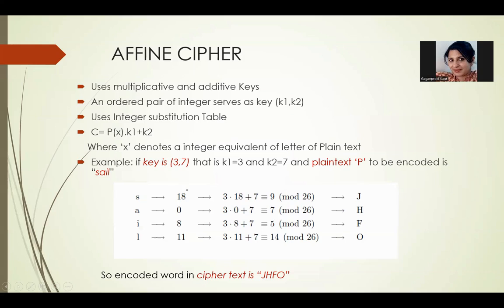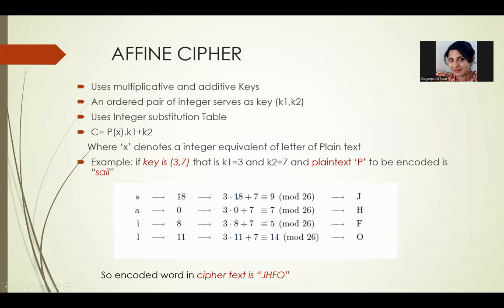So in this case, I first find the integer equivalent of the plain text we want to encrypt, which we get from the substitution table. S has the integer equivalent of 18, A is 0, I is 8, and L is 11. Using these values in this equation and replacing K1 as 3 and K2 as 7, I simply get these values.